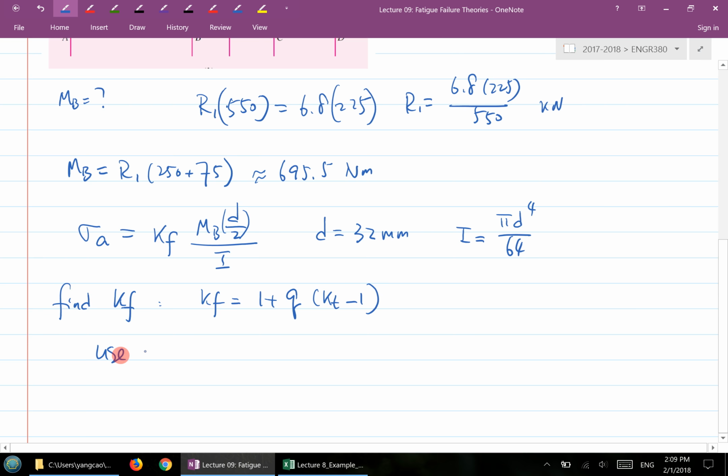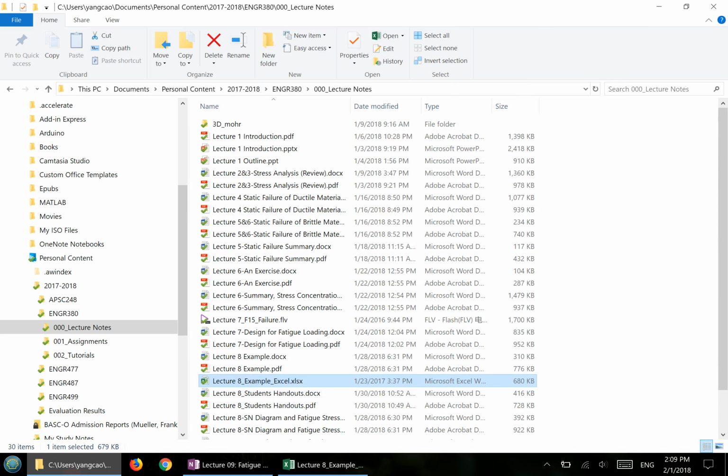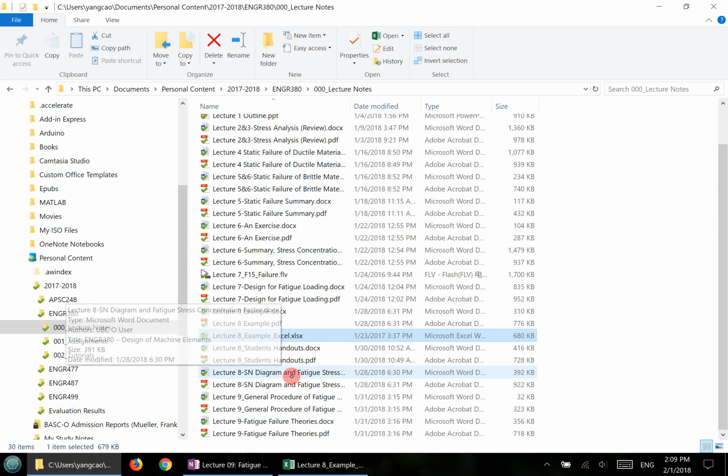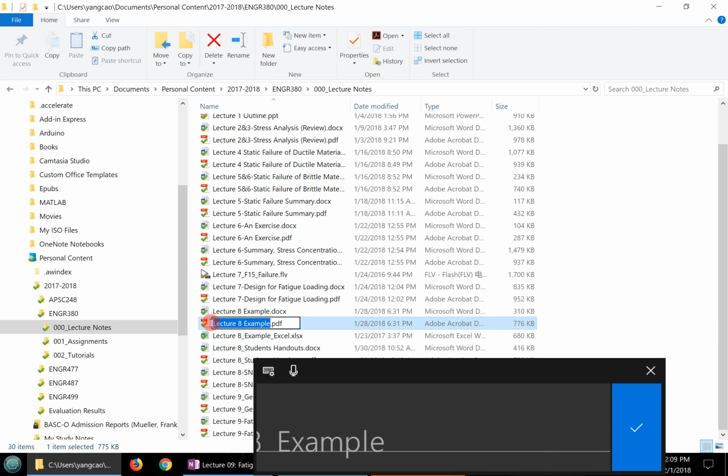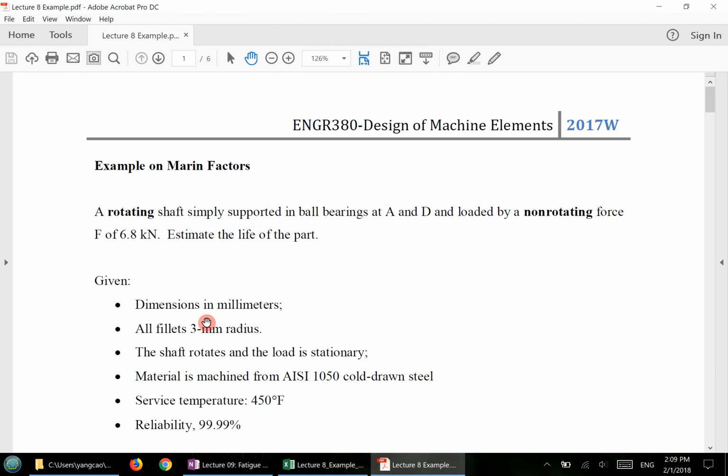To find the Kt, use A-15-9. The lecture notes have that figure, and the reason is that A-15-9 is exactly a description of these loading conditions.